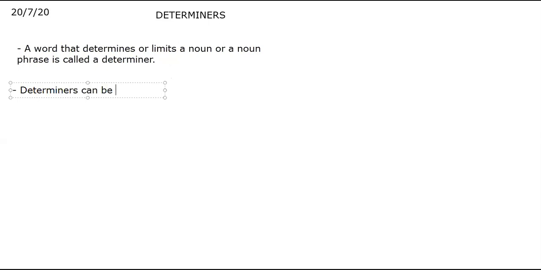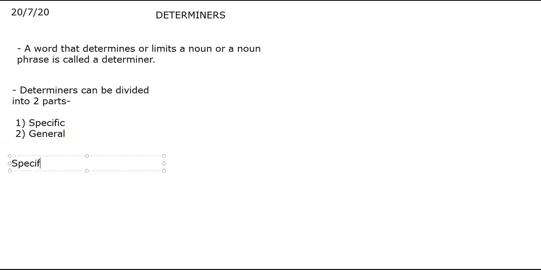Determiners can be divided into specific and general. So what are specific determiners? Let us write it first and then we will understand.